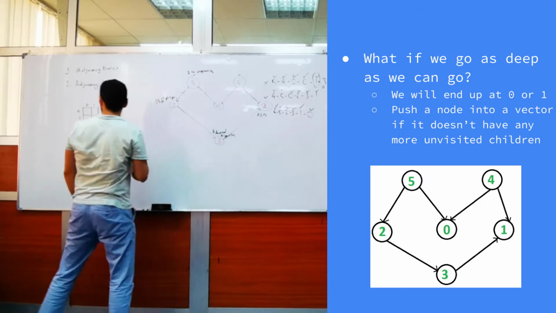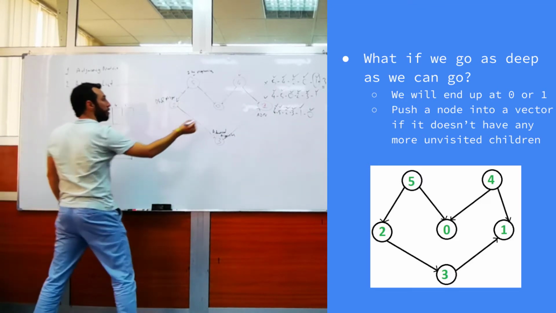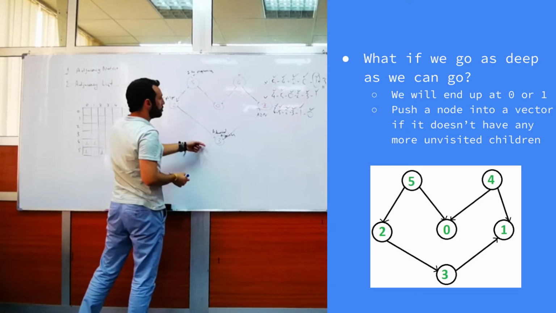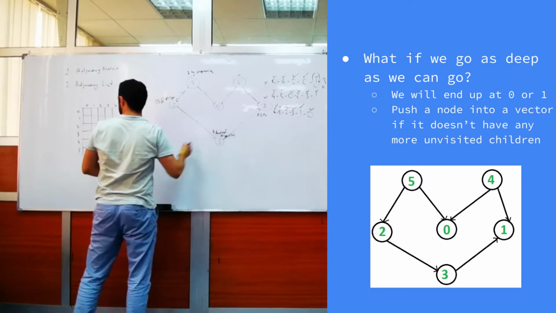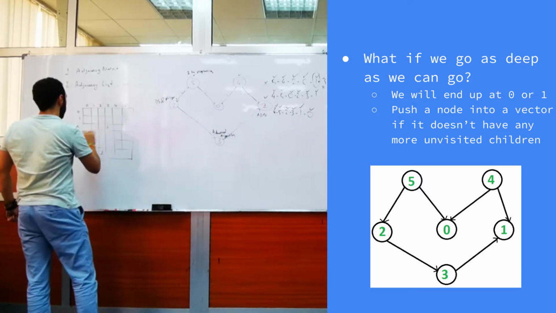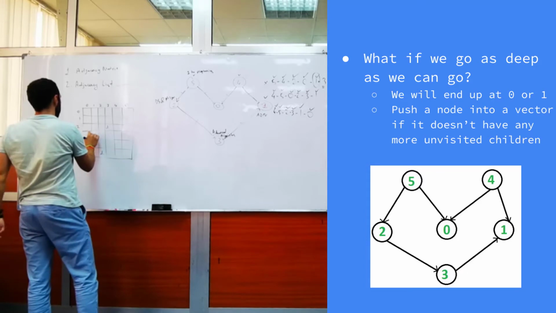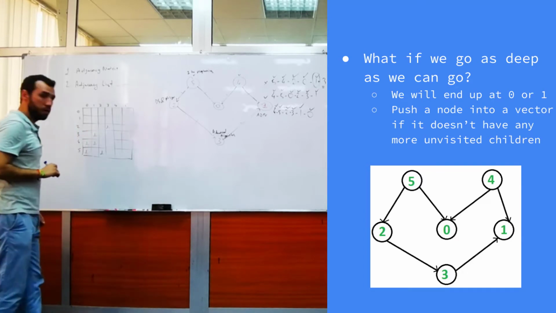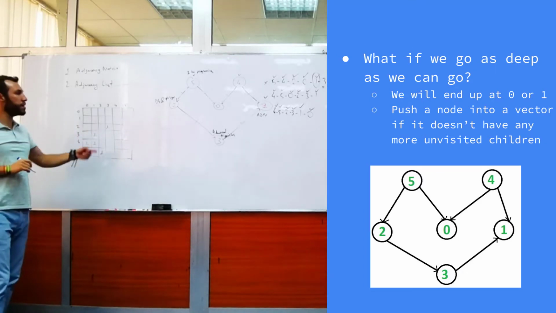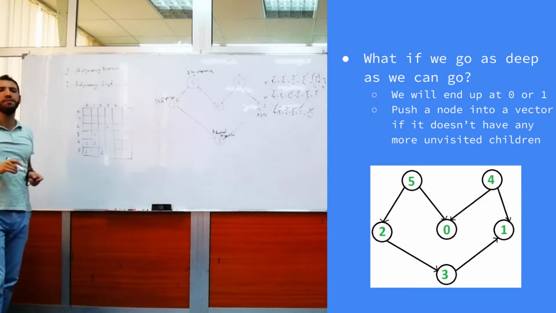We have an edge from 4 to 1. 2 to 3 and 3 to 1. Right, this is going to be the corresponding adjacency matrix for the given directed acyclic graph.